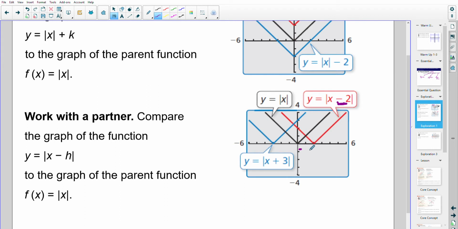Now, one way to think about this is when x is equal to 2, y is going to be 0. So that's going to give you this point right here, 2, 0. In this case, where x is equal to 0, your y is equal to 0. Those are both minimum points because you can't have a negative number.